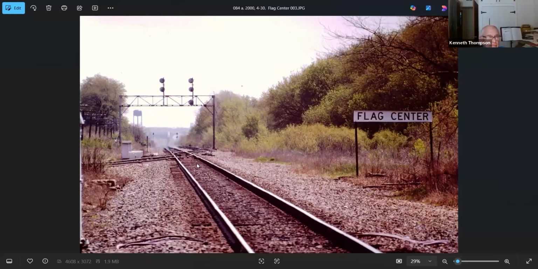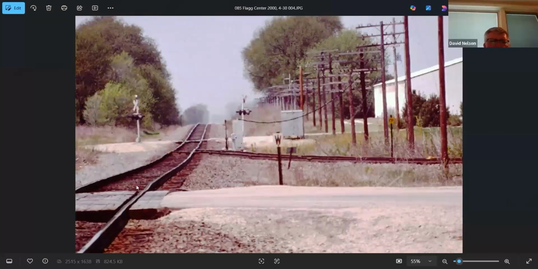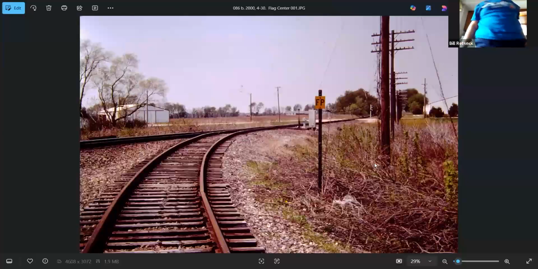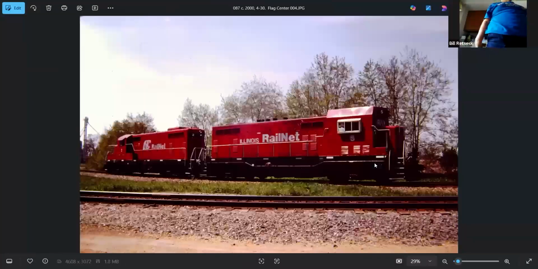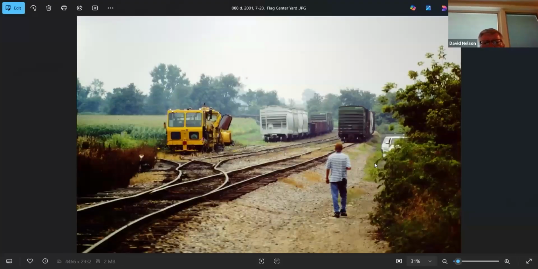So if the photographer turns around, now we're looking on the BNSF line going north and west, and there's another siding here because it actually forms, in essence, a Y. You won't see this anymore because the Illinois RailNet no longer serves this track, but this is where it heads north towards Davis Junction and eventually Rockford, Illinois.